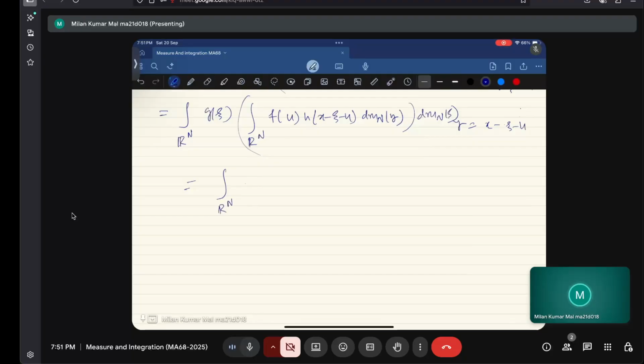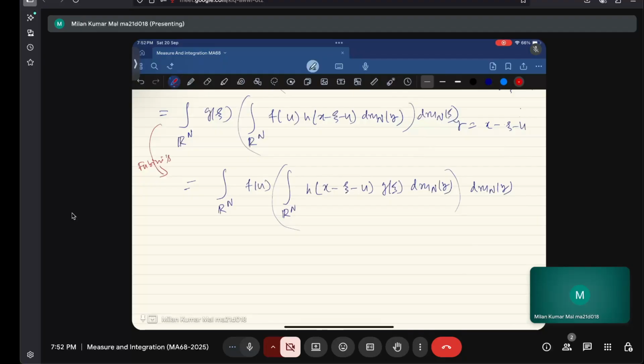So now f of u will be outside, integration over R^n of g of j, where g can be written like f, g, h, and h of x minus j minus u, g j dm y. Here we are using Fubini's theorem.